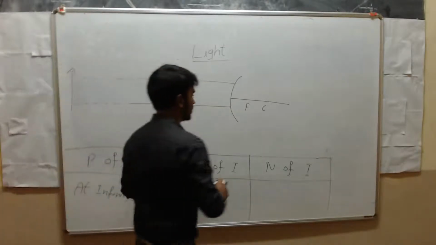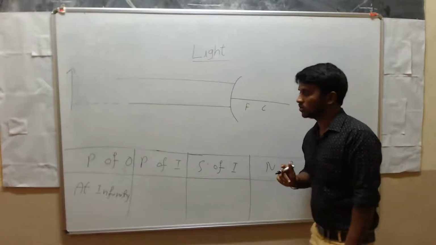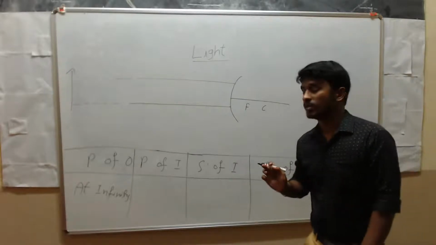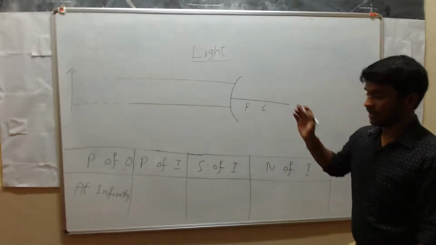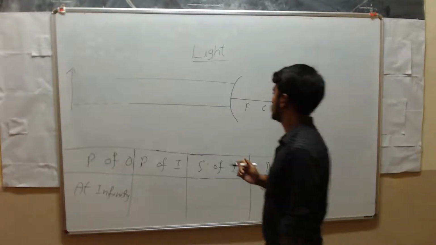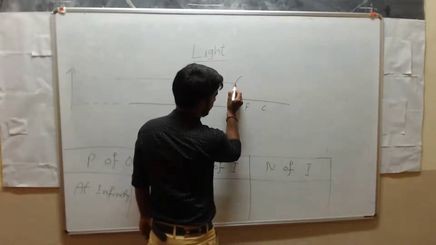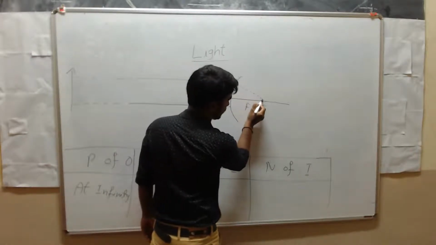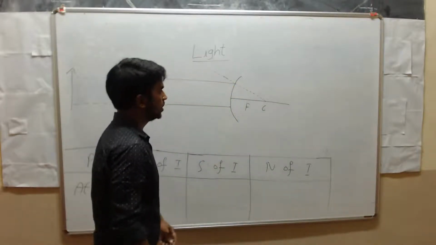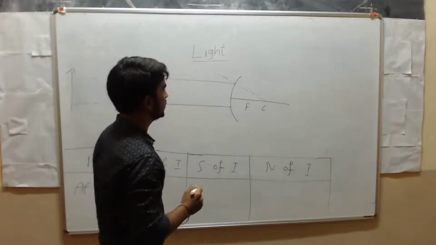But here the principal focus is on this side. Clear? How to show? We studied ray diagrams in convex mirrors the day before yesterday. Here also it is the same. Draw the normal from the center of curvature. Now use your protractor, keep the baseline over the normal and measure the angle of incidence.